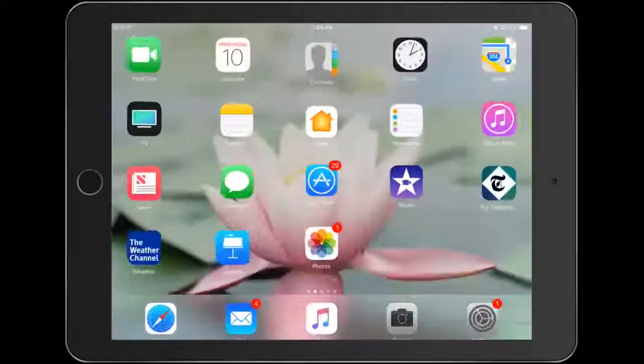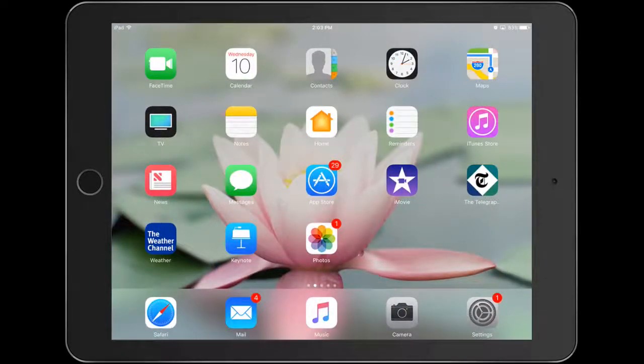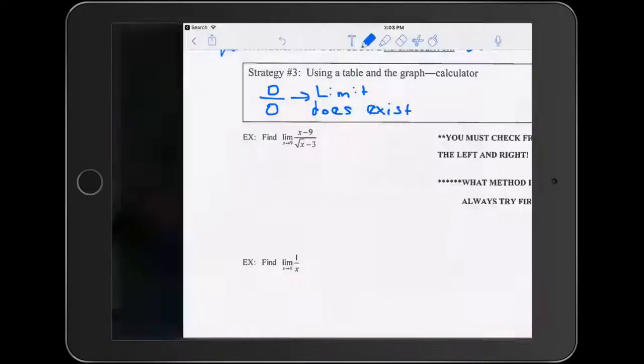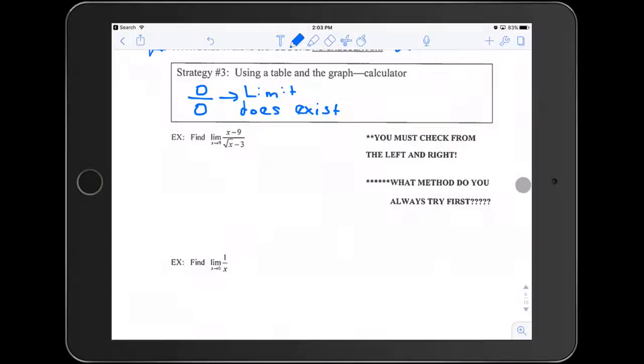Algebraically, this isn't going to work out very well, so you're going to want to look at your graphs. In this case, you must check from the left and the right, or look at your table, and what you can say is that the limit of this is going to be 6, without a doubt.